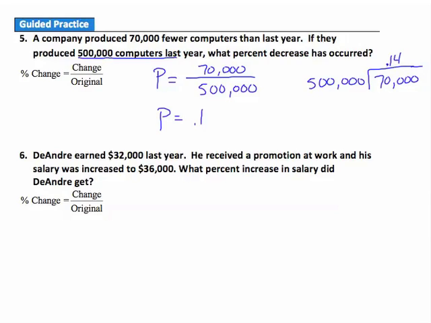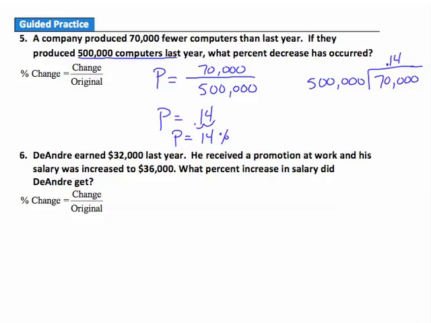And so we'll put over here 0.14, and now we need to change that to a percent. So we would move the decimal 2 places to the right, 1, 2. So that is 14%. So this represents a 14% decrease in the amount of computers that were made at this company.